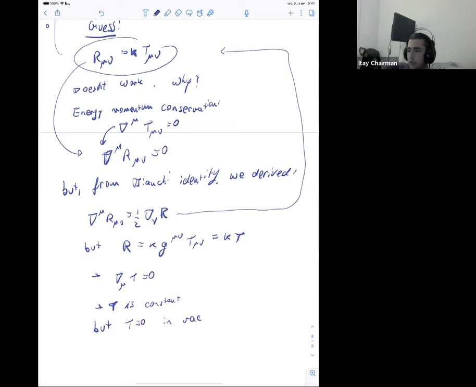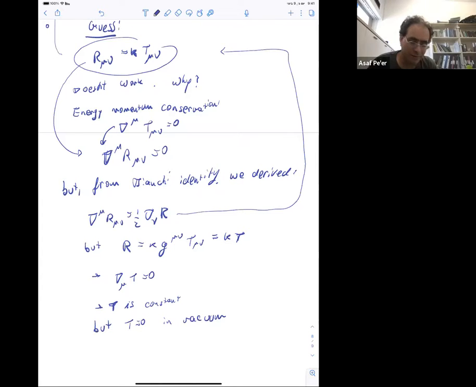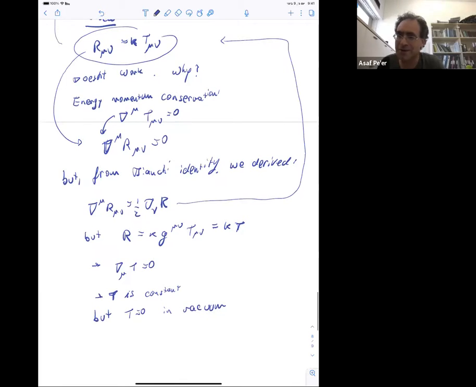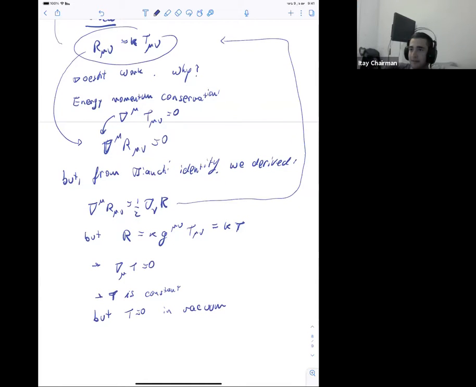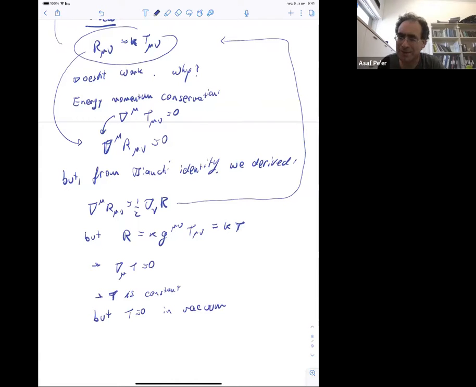Maybe instead of the Ricci tensor, you can take the Einstein tensor. It might solve the problem. Very good, I see that you're following. You got the idea.